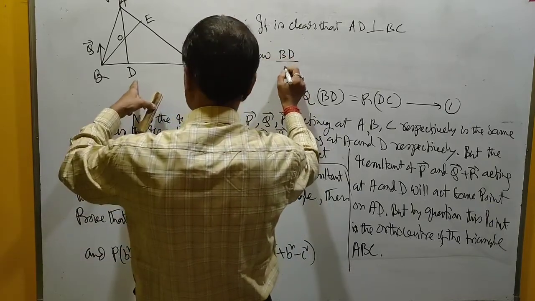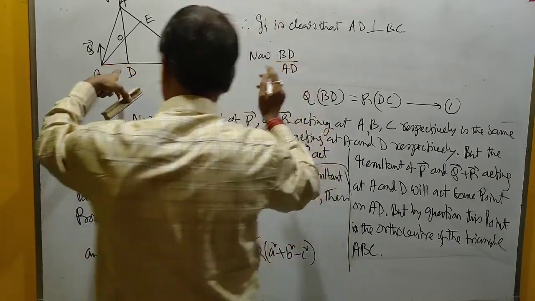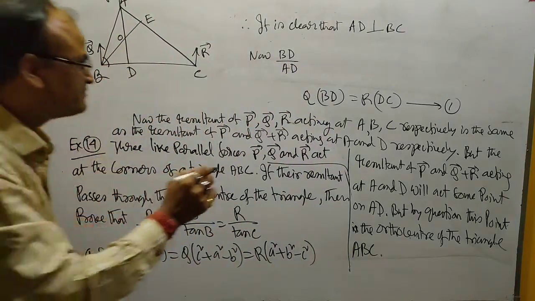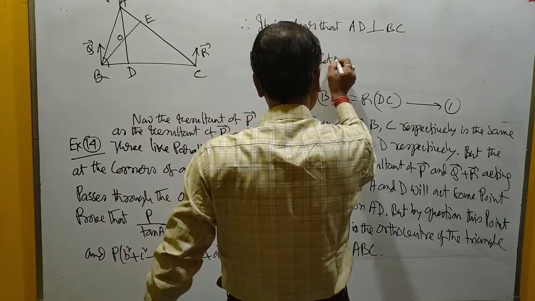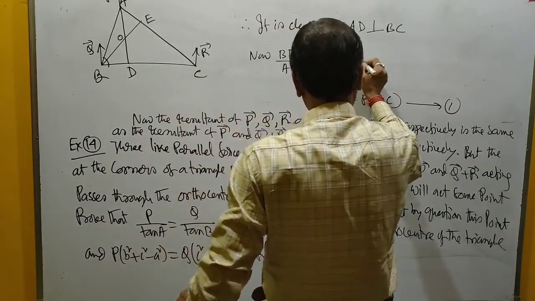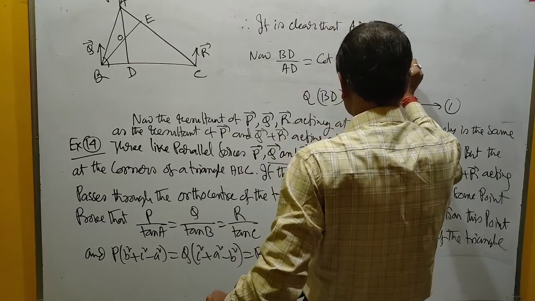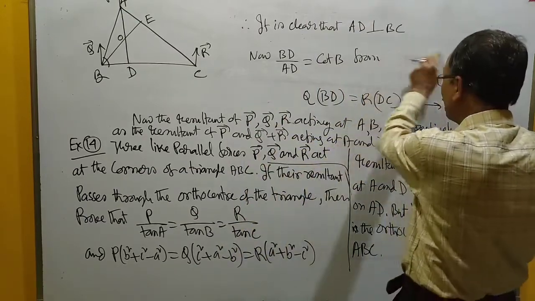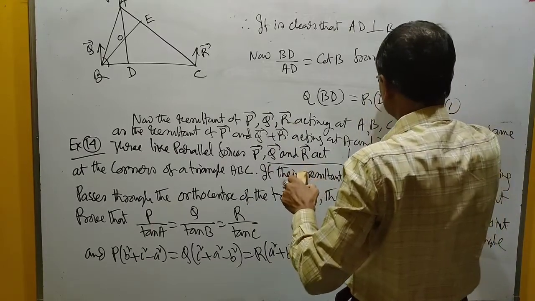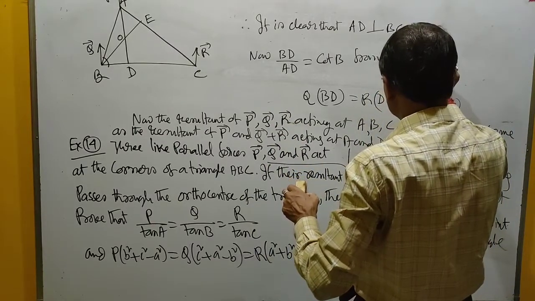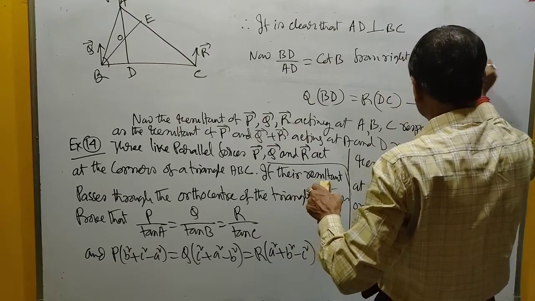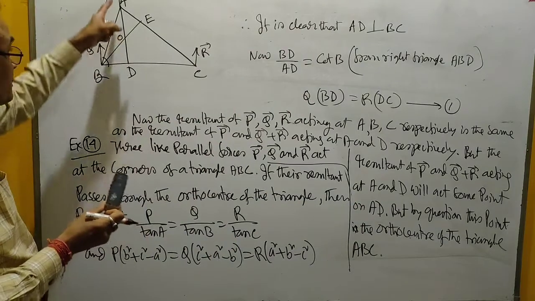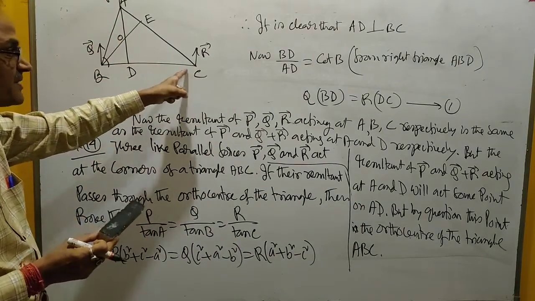Now, BD by AD will be equal to cot of angle B, from the right triangle ABD, because AD is perpendicular to BC.